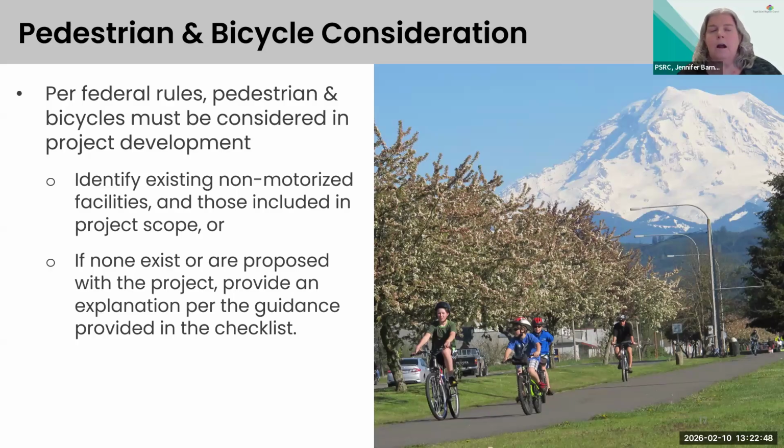If there are none, there's a list of reasons that can be pointed to of why there aren't, but that's just a requirement that we have that goes with federal funds. So that's why we ask those questions, and generally with TAP competition, it's a fairly easy question to answer. But if you have any questions about that, you can let us know.